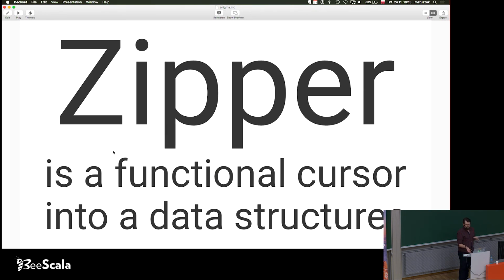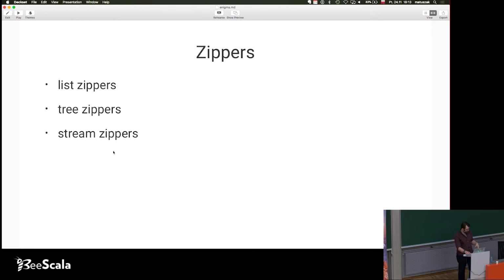So one way to describe zippers is as a functional cursor into data structures. But I want to think about this as a metastructure which allows us to update structures for free. So basically, we don't have one zipper for every structure, at least we don't have this in Scala.